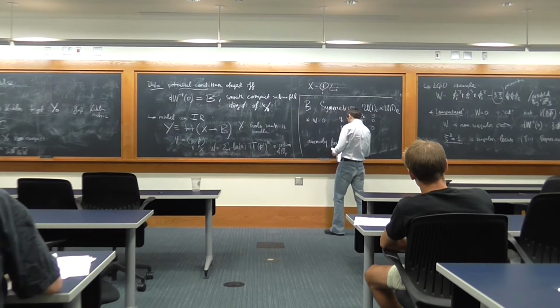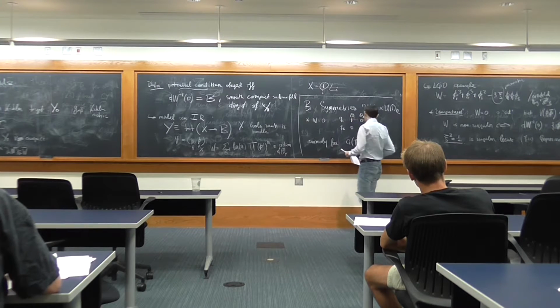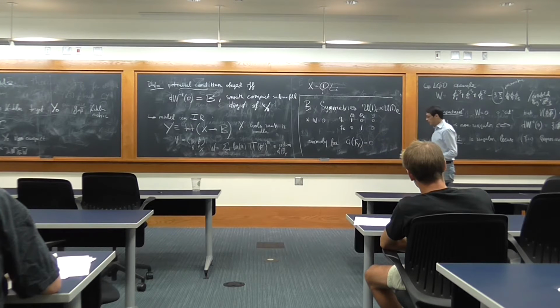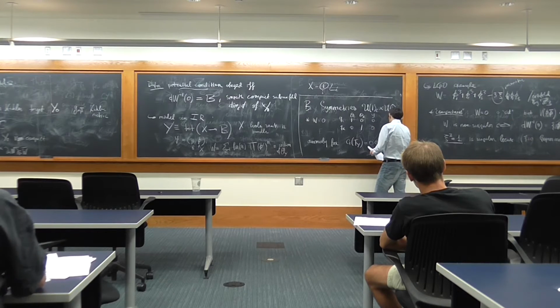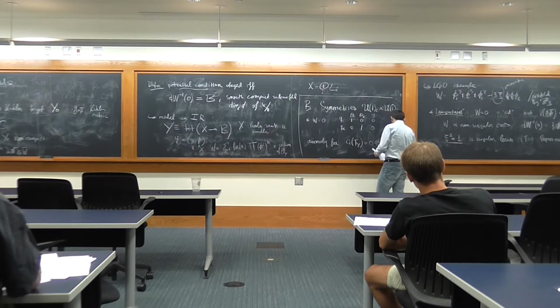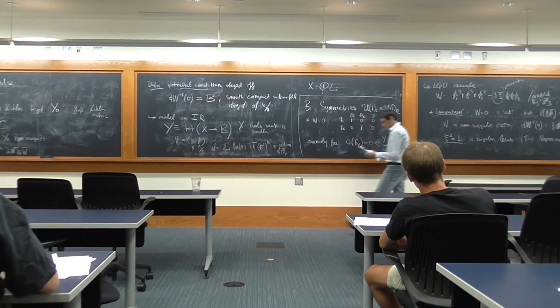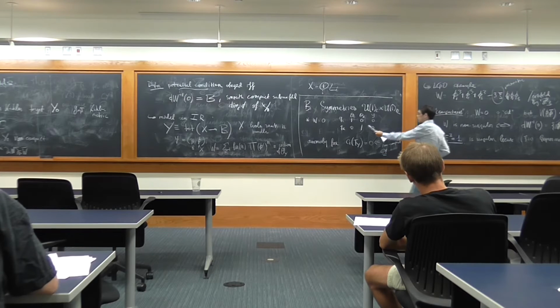And in order for it to be anomaly-free, we need the first Chern class of the manifold Y to be 0. Now, we will actually work with a slightly stronger statement, which is that Y is a non-compact Calabi-Yau manifold. Okay, so this is what happens in the W equals 0 theory.